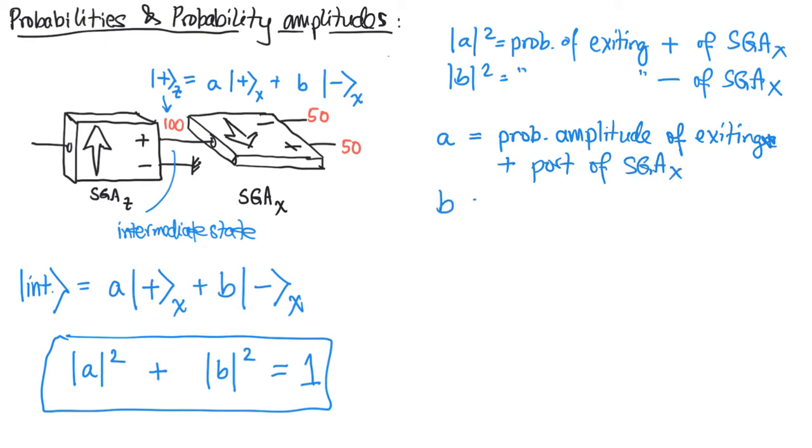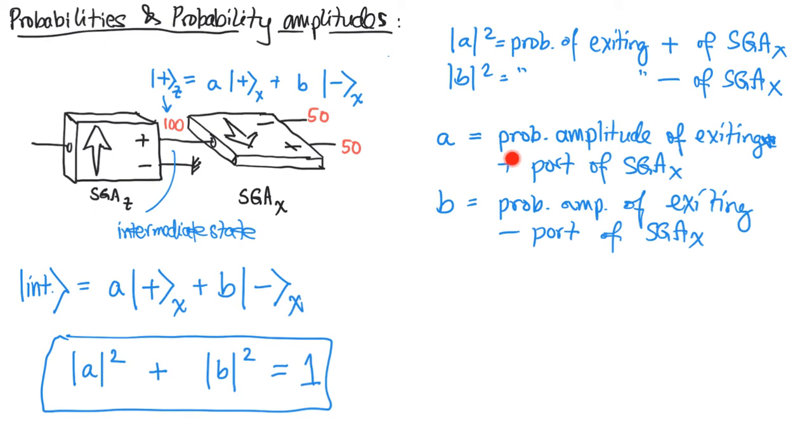And similarly, B is the probability amplitude of exiting the minus port. So the coefficients in the state, the A and B, those are probability amplitudes. And they're related to, but different from, the probabilities themselves. The probabilities are the magnitude squared of the amplitudes.